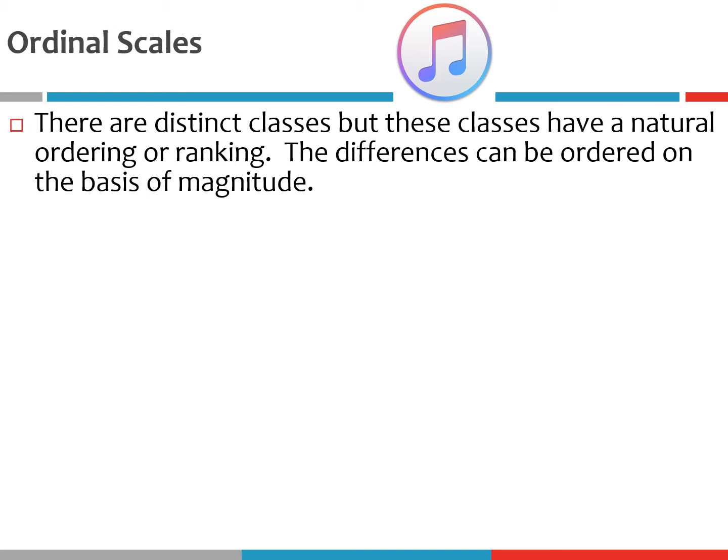So the number one song is obviously going to have more downloads than the number two song, or certainly the number 10 song, right? So they're ordered on the basis of magnitude, in this case, the number of downloads, right? So the number one song can be separated from the number 10 song or even the number two song on the basis of magnitude or having more of a specific property, right?